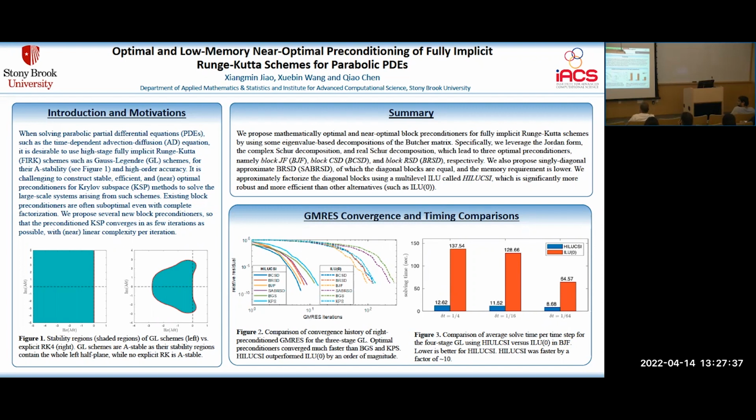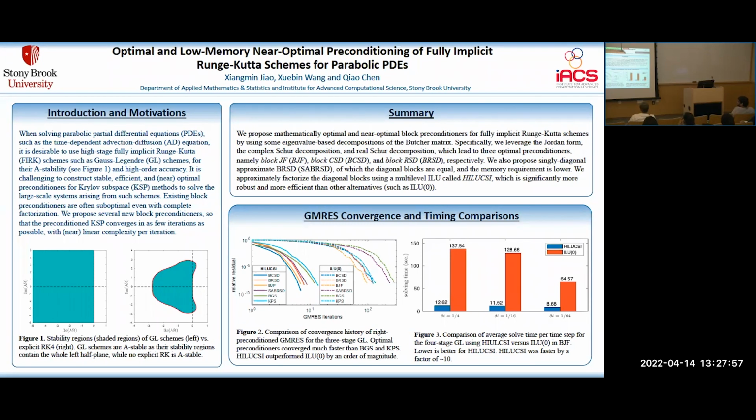Since there are so many advantages of implicit Runge-Kutta schemes, we turn to the challenging problem: how do we solve the staging vectors at the same time?